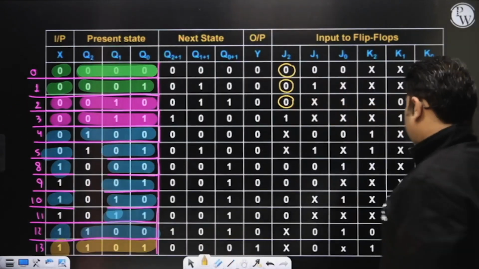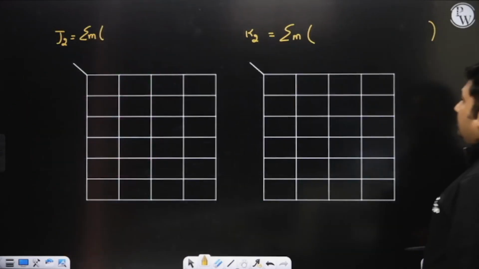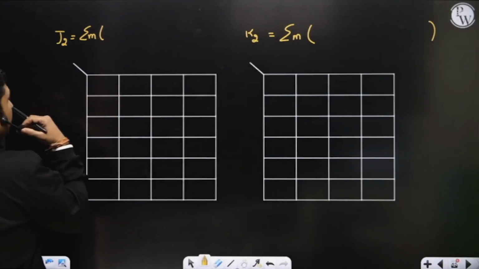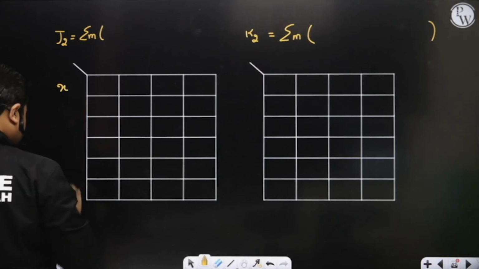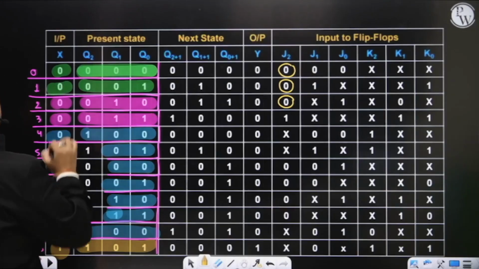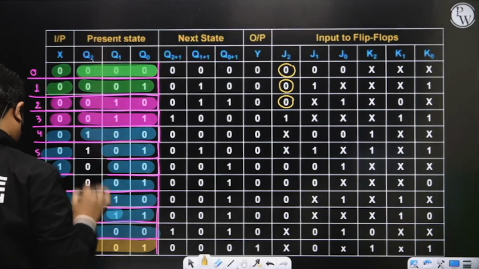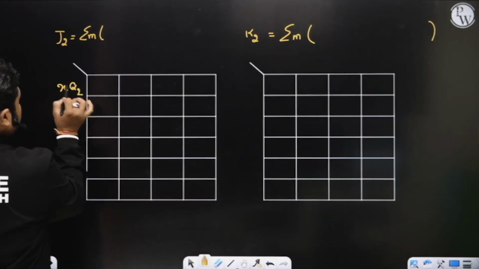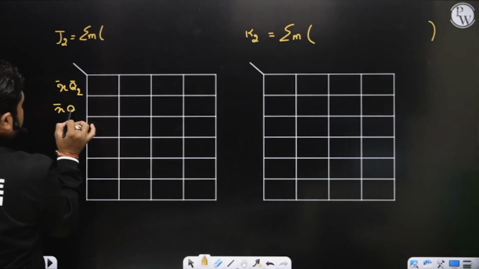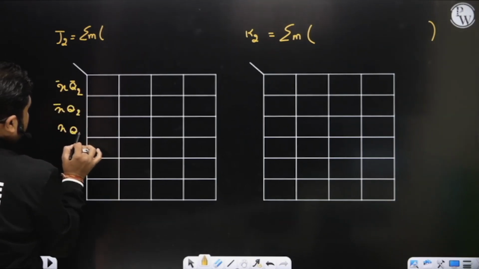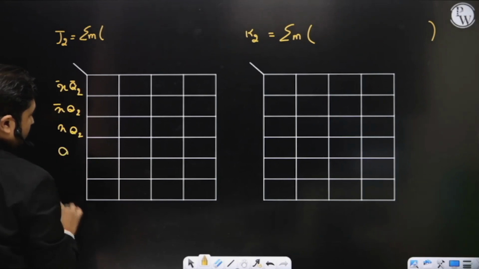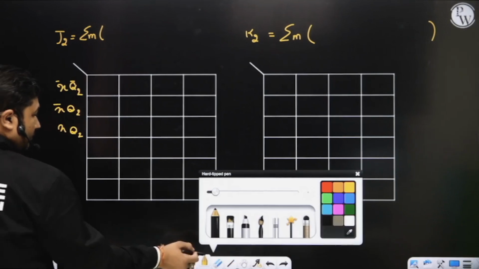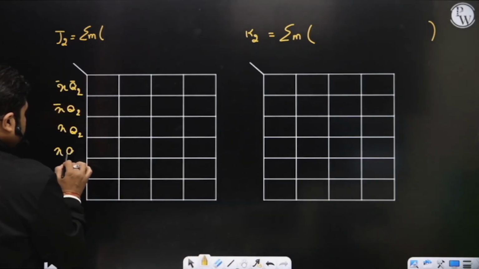Let me write it here in terms of X, Q2, Q1, Q0. We have X as the MSB. So X Q2 bar, X bar Q2, X Q2.